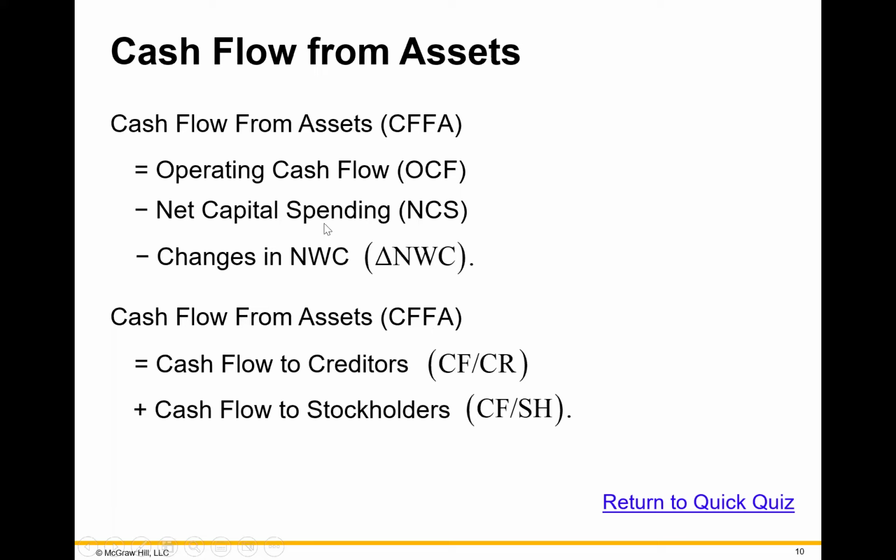Now, they may give you information that is not exactly these, but information that you can use to get to these and then eventually end up at cash flow from assets. So sometimes you have to build the pieces of information to get to what you need. But understand that there's more than one way to get the number you need.